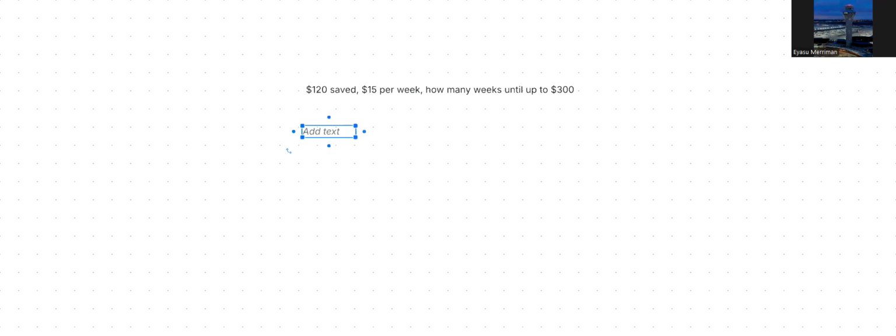Again, we set up an algebra equation: 120, that amount that we already have, plus 15 times the weeks. So we're trying to figure out how many weeks until we're at 300. Again, simply subtract 120, which gives 300 minus 120 equals 180.